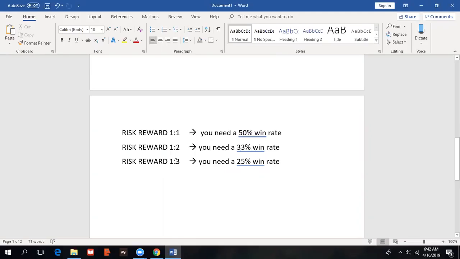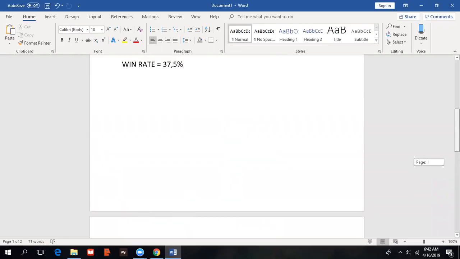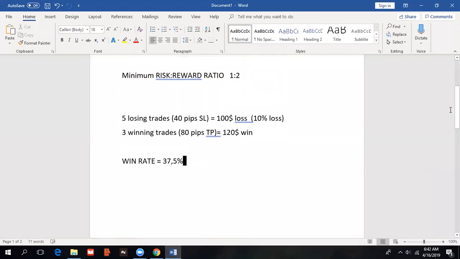And if the ratio is 1 to 3, your win rate needs to be 25%. So even if your losing trades are more than your winning trades, if your ratio is very good, then you will still be in profit at the end of the week. And this is very important to understand in the Forex market.